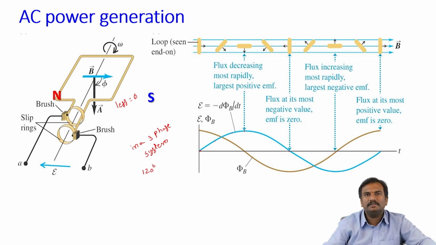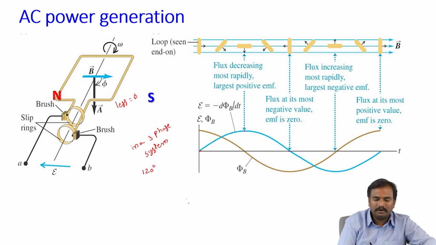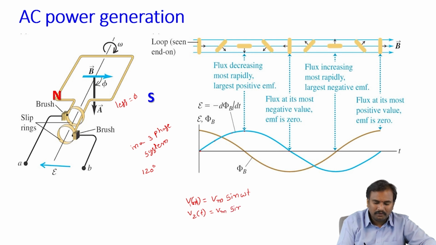That is, V1 of t is equal to Vm sine omega t, and V2 of t is equal to Vm sine of omega t minus 120 degrees.